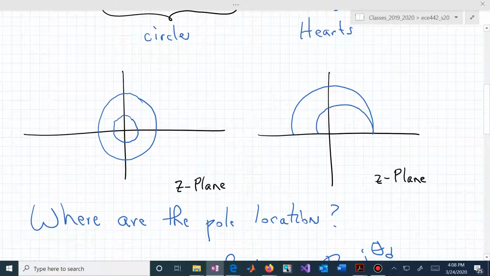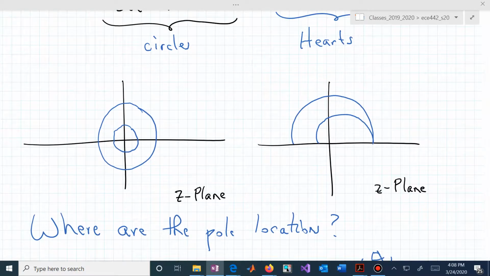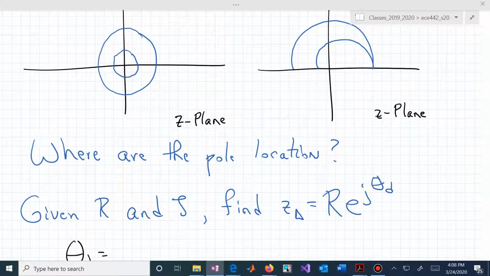So where are the poles going to be? Hopefully you can see that we could draw a circle, and then we could draw a logarithmic spiral, and their intersection would be the location that gives rise to this z sub delta. So given an r and a zeta, if we could accurately draw the circle corresponding to a particular r for a settling time specification and the logarithmic spiral corresponding to the damping ratio zeta for a percent overshoot specification, we could find their intersection graphically.